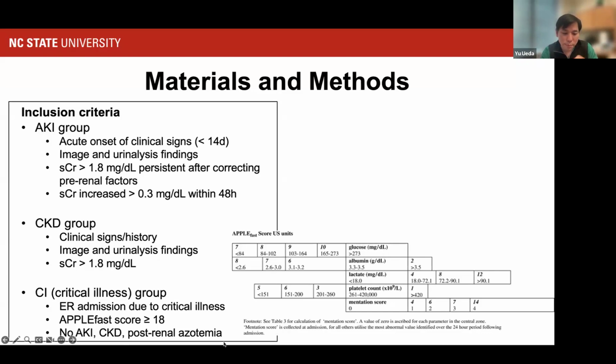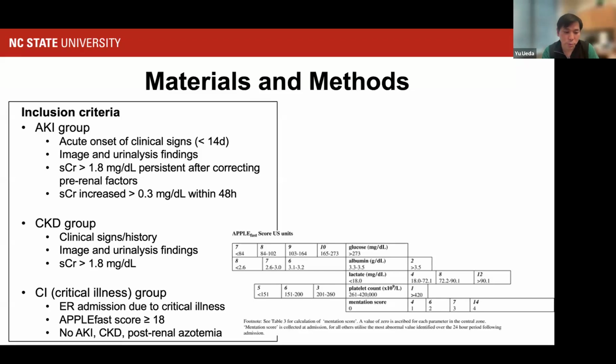So this is an abbreviated version of the APPLE score. APPLE is the Acute Patient Physiologic and Laboratory Evaluation. This score has been validated to determine the illness severity of patients, especially in the emergency setting.